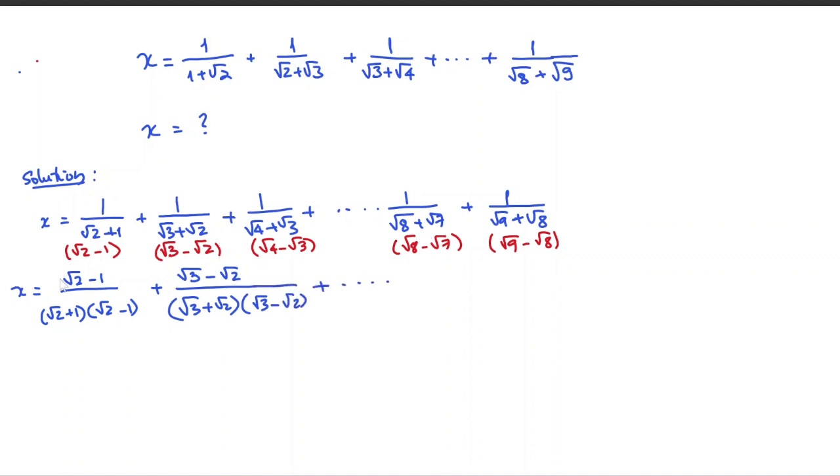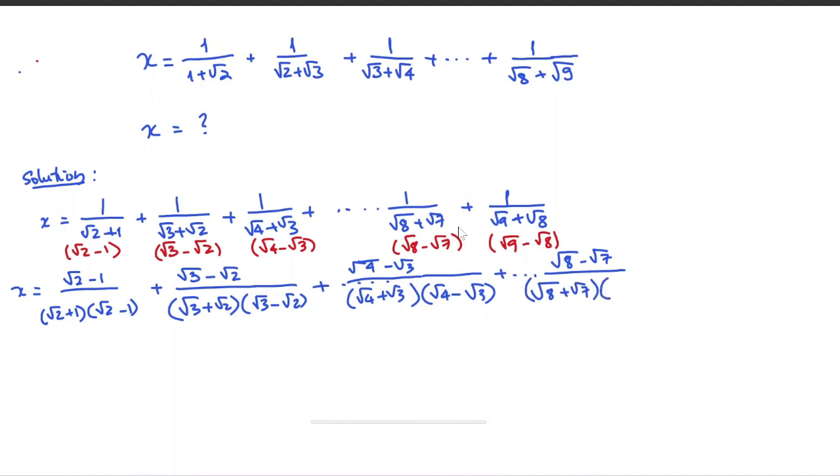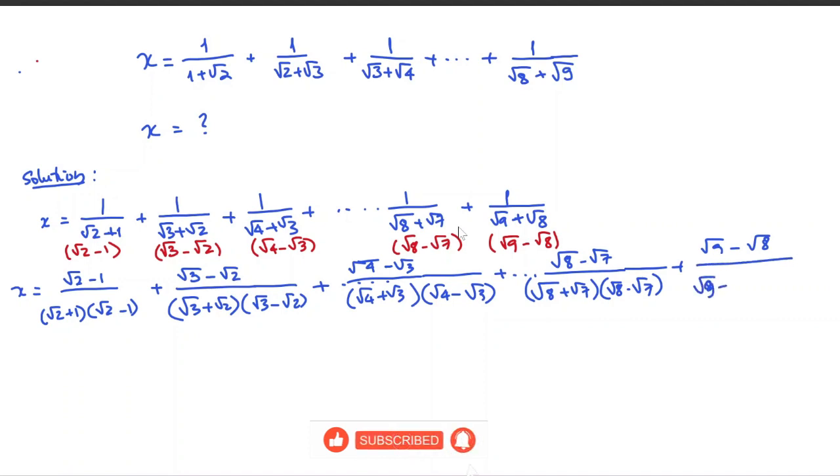Here, the next one is I have square root 4 minus square root 3 over square root 4 plus square root 3 times square root 4 minus square root 3. Okay, and so on until this one I would have square root 8 minus square root of 7 over square root 8 plus square root 7 times square root 8 minus square root 7. And the last one would be square root 9 minus square root 8 on the top.